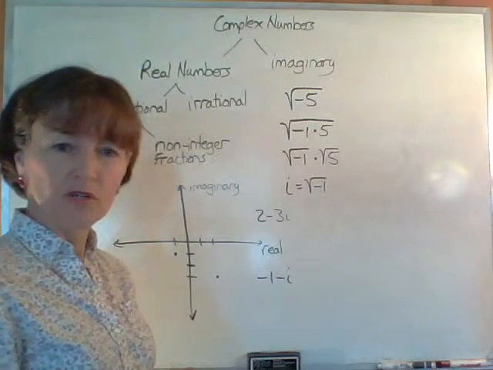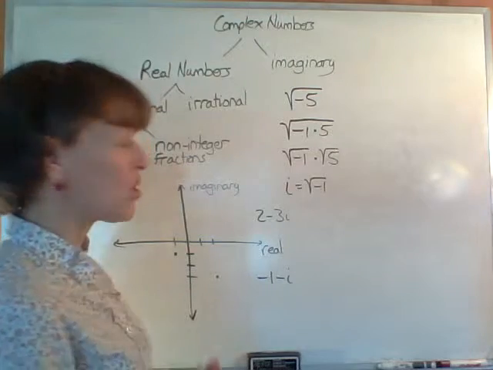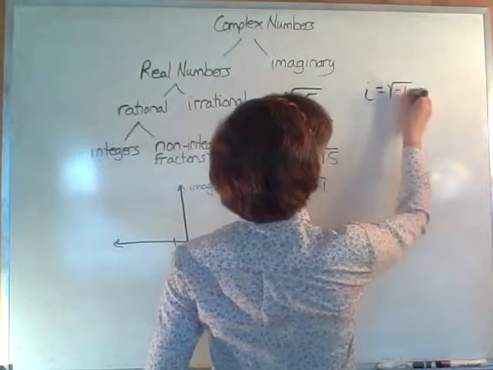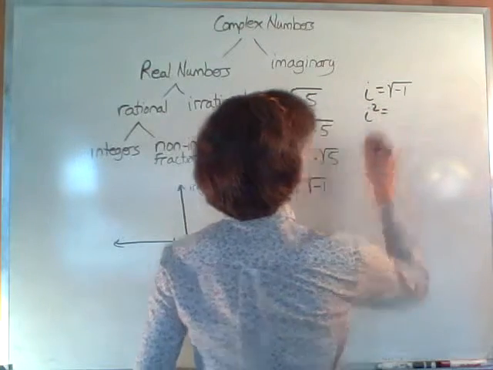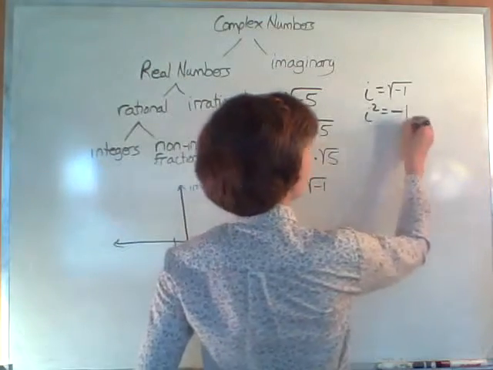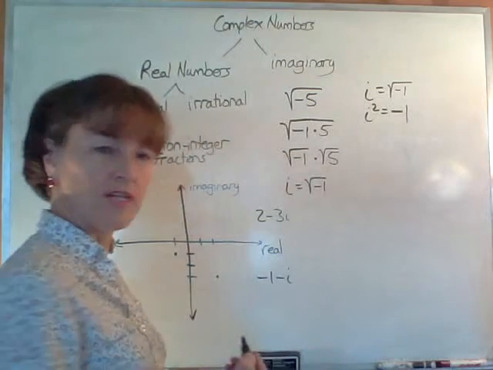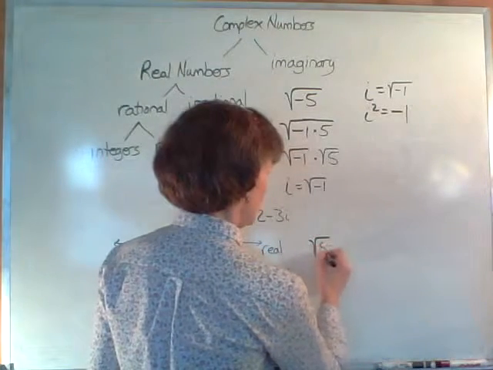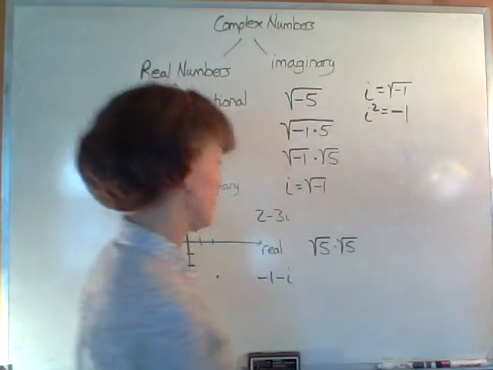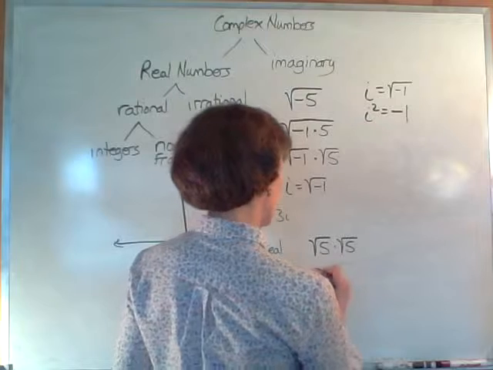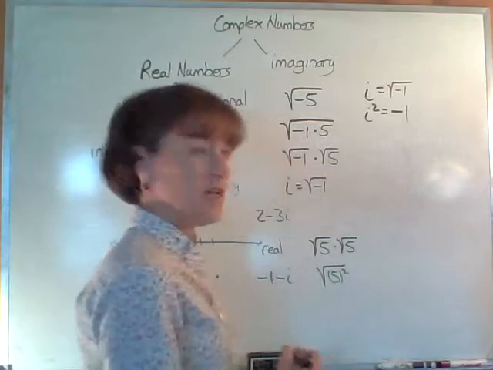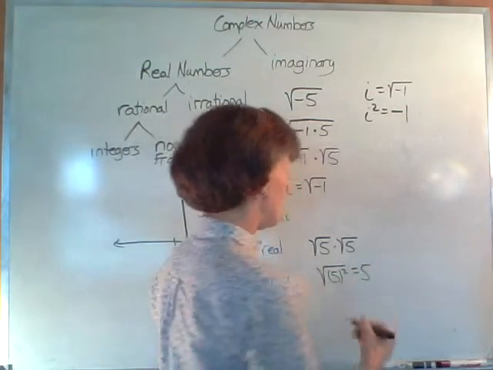Right, now, one more thing we want to do in this introduction video is to talk about the powers of i. i, of course, is the square root of -1. What is i squared? Well, i squared is just -1. Remember that when we square a number, for example, the square root of 5 times the square root of 5, the root sign just goes away and that's really just going to be 5.